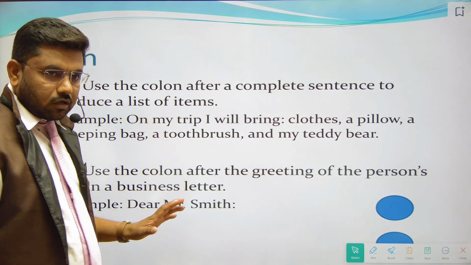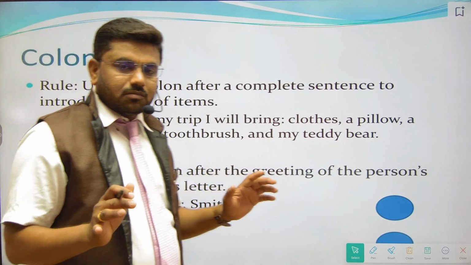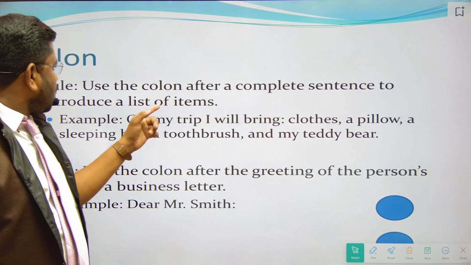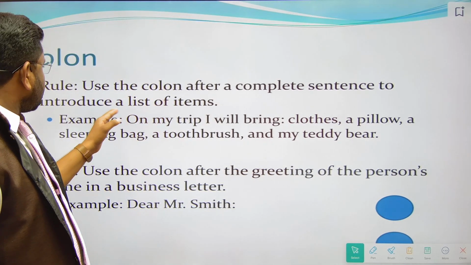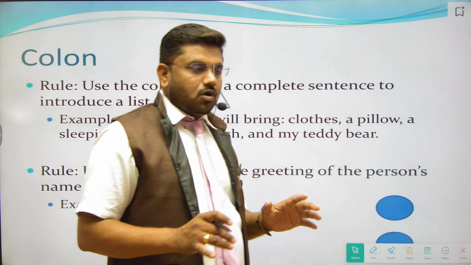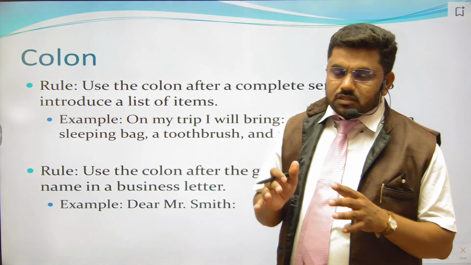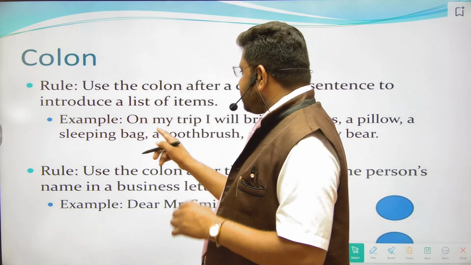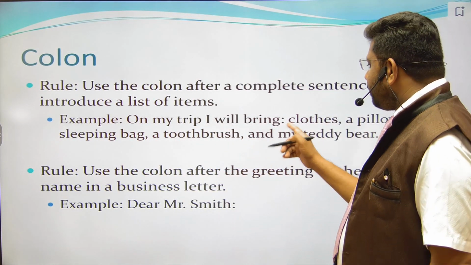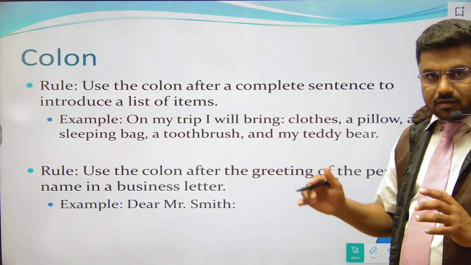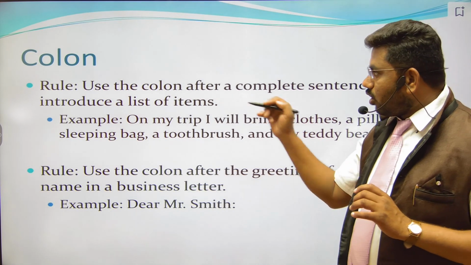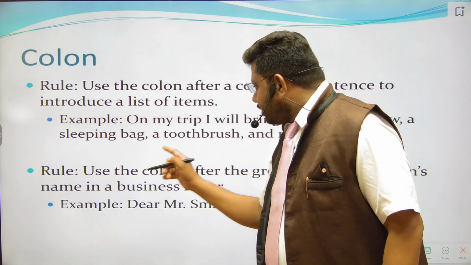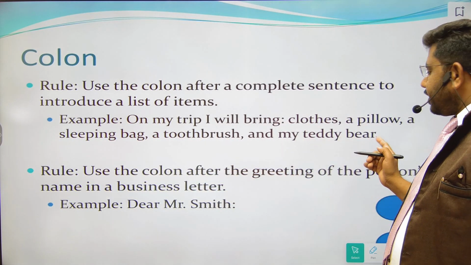Now, the colon. The next punctuation mark is the colon. See the rule of the colon: use the colon after a complete sentence to introduce a list of items. If you want to tell a list of items in a sentence, at that time the colon is used. See examples: on my trip I will bring: clothes, a pillow, a sleeping bag, a toothbrush, and my teddy bear.